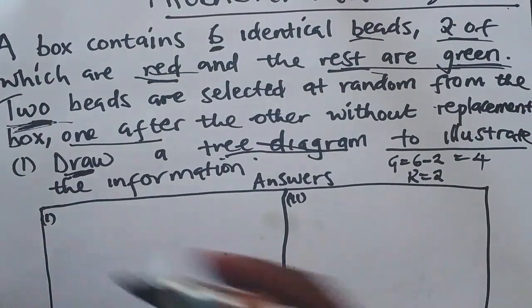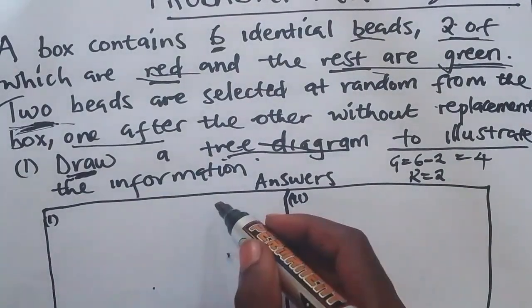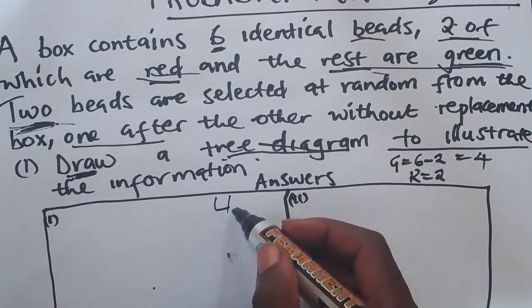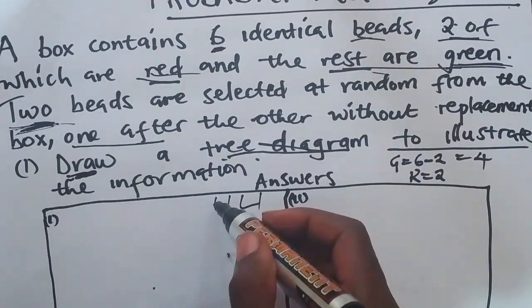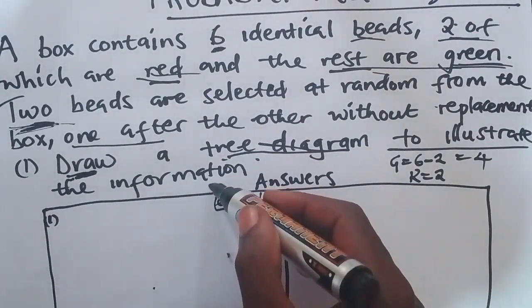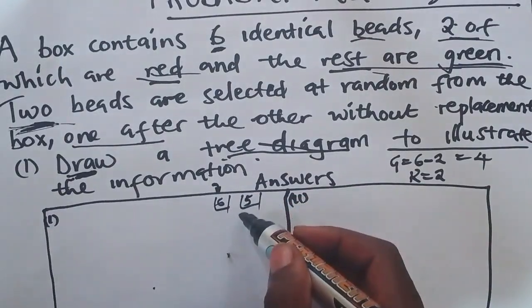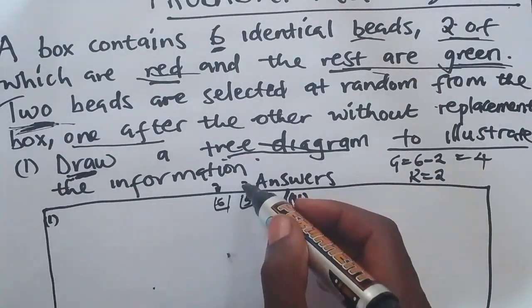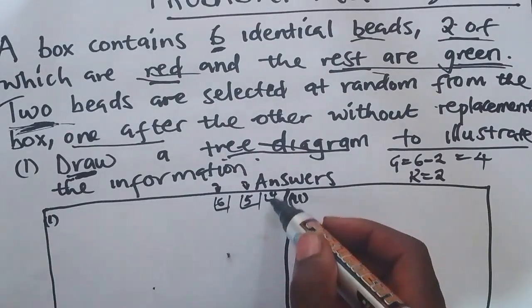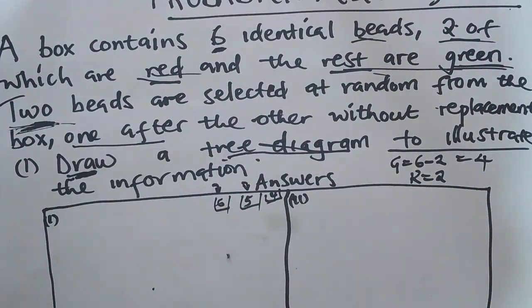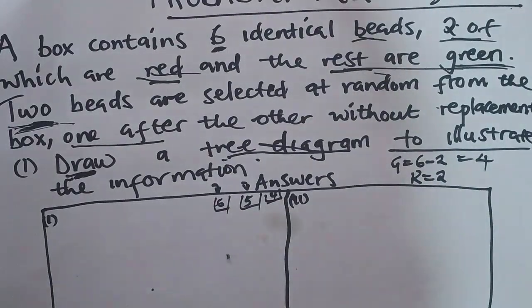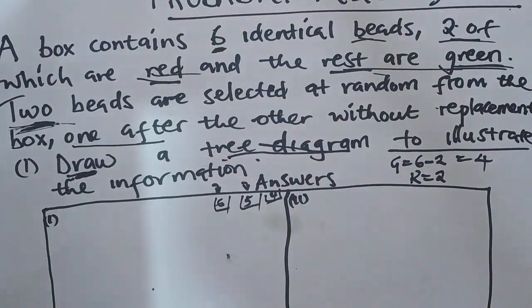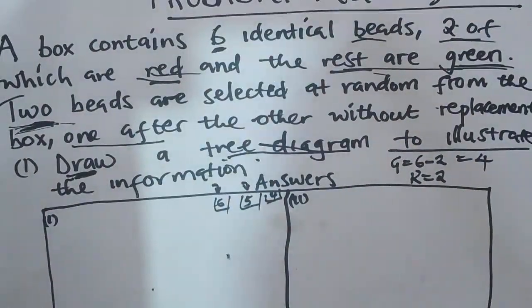So if we have a box here with 6 marbles, they will pick one, then they remain with 5. Again they will pick from these 5 to remain with 4. For every pick, remember the total number of beads drops, because one is taken without replacement. You need to understand that information as we start.